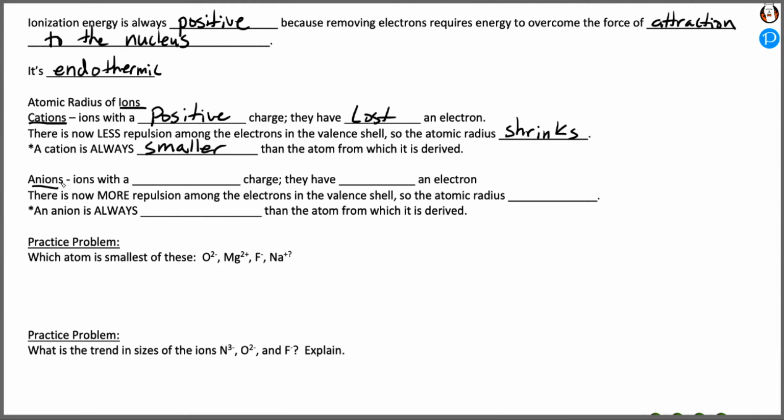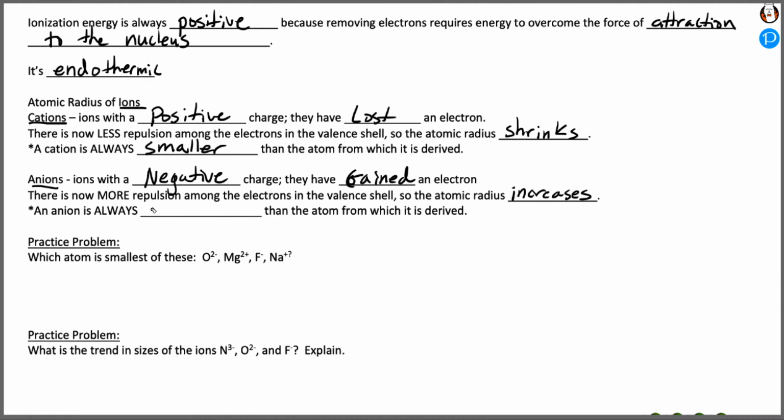Anions, on the other hand, remember, are ions with a negative charge. They have gained an electron. There are now more repulsions because I've now got more negative charges, and so they get pushed back from each other, and so the atomic radius actually increases.